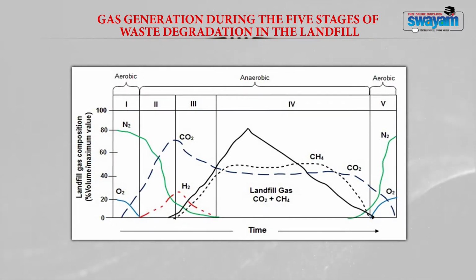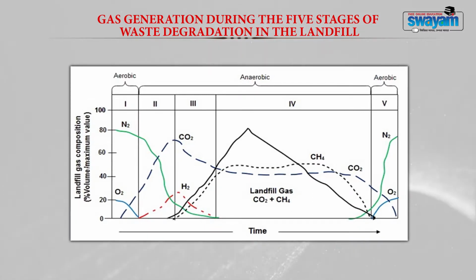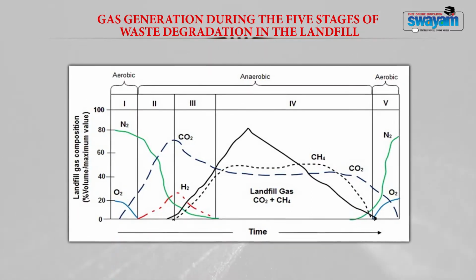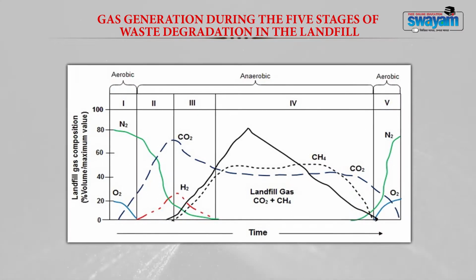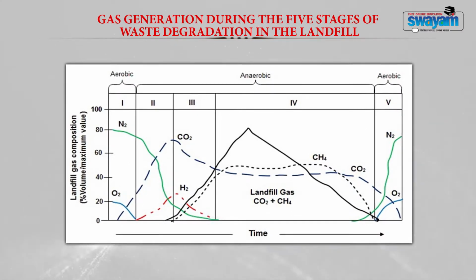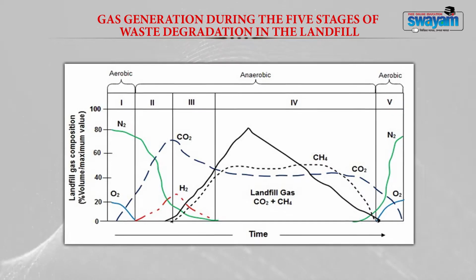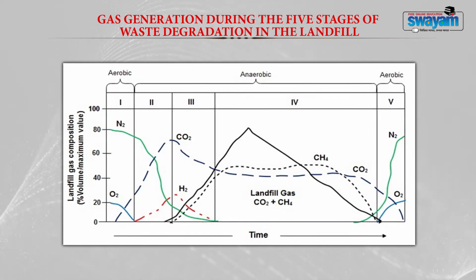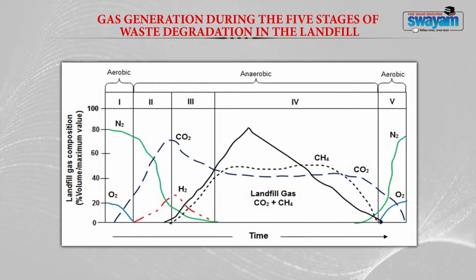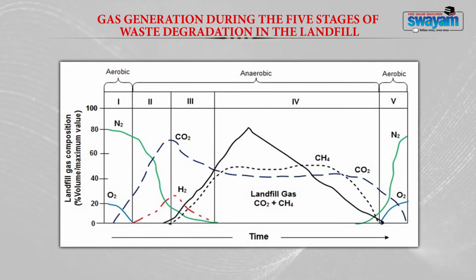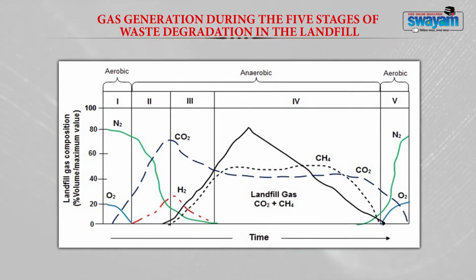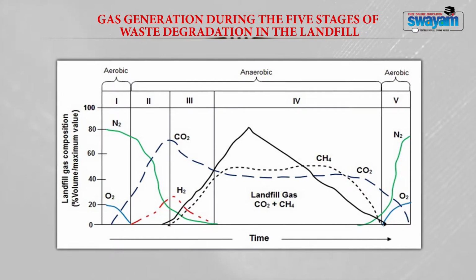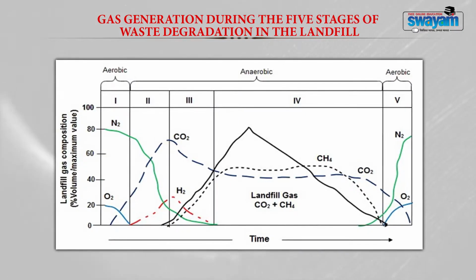Now, this image shows the gas generation in the different stages of waste degradation within a landfill bioreactor. Here you can see oxygen is present only in stage 1 and stage 5. In stage 1 it decreases and comes to 0, and in stage 5 it again increases. Nitrogen is high in stage 1 and then drastically reduces, becoming 0 at the end of stage 3.